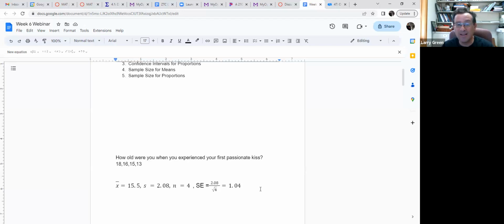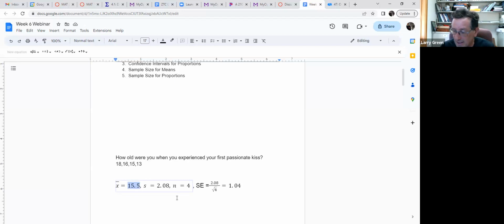What it does is give us an idea of how off we might be from the population mean using 15.5 as the sample mean. Remember, it's a standard deviation, which gives you how far apart the data tends to be from each other.